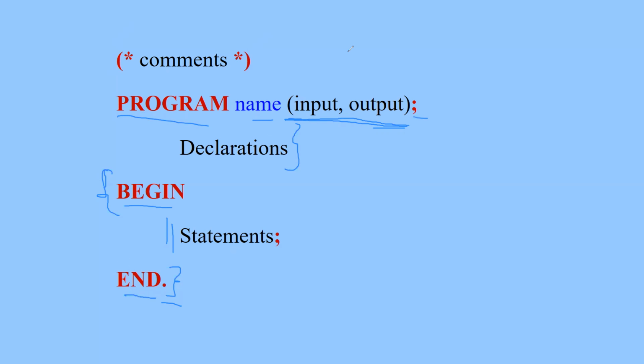Let me now move on and explain to you, my dear students, what each of these parts really mean. Now, after you have your end, there are other ways of labeling this structure of a program in Pascal.